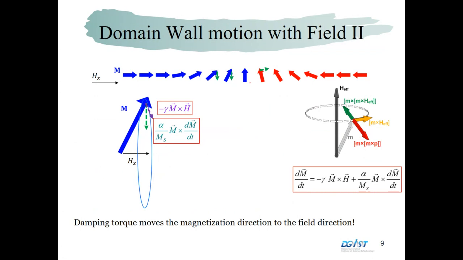Let's think about this domain structure again. Here is one domain, here is another domain, and there is the domain wall. With the external magnetic field, let's think about the energy equation. In this magnetic moment, we have a parallel field, so there is actually no torque, zero, because they are parallel.